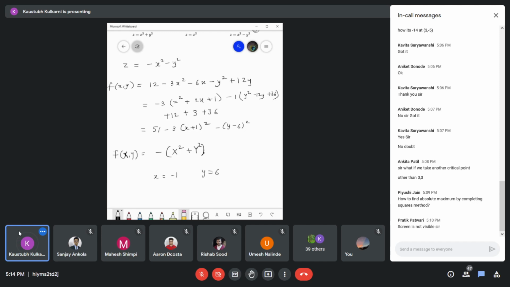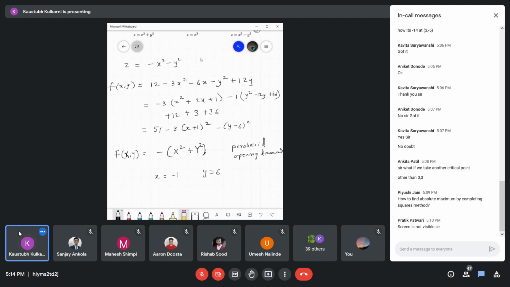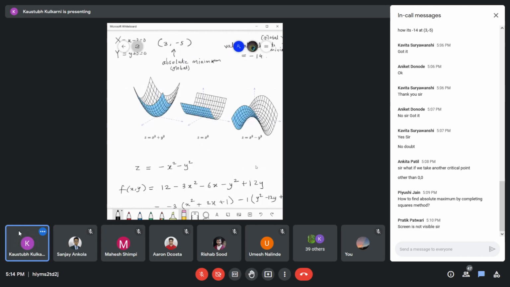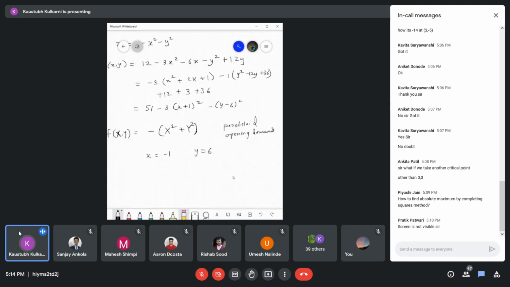So it's a paraboloid opening downwards. It's like the reflection of this one, just opening downwards. In that case we can say that this is the point of maximum.